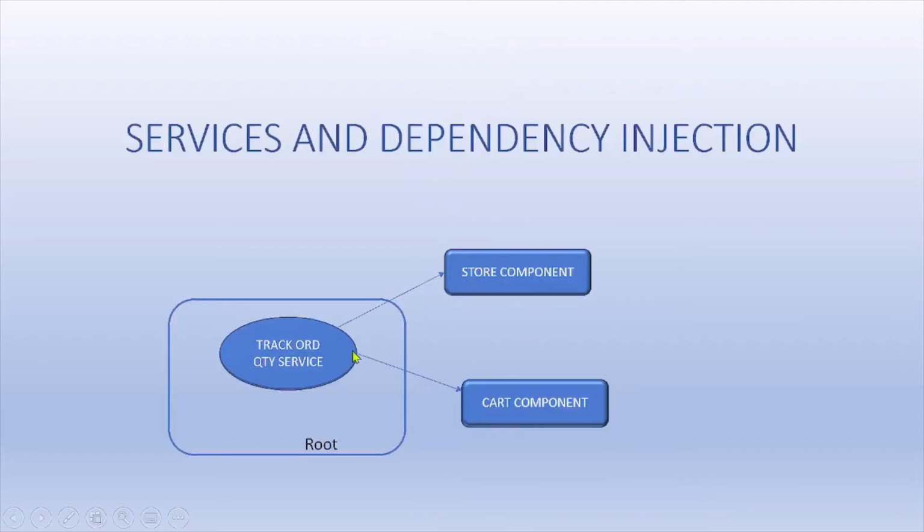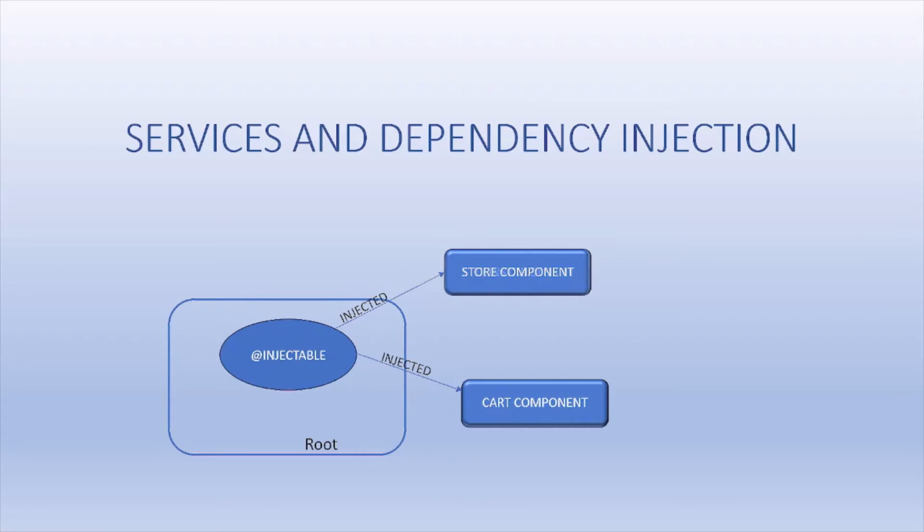So here we have a service that's created. Angular has registered it at the root level. Now, if we look into the service file, we will see the injectable decorator. So once there is this injectable decorator put in by Angular, as I said, the service can now be injected into the components that need the service.